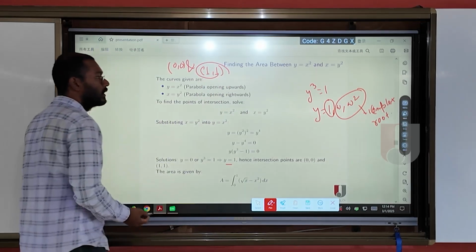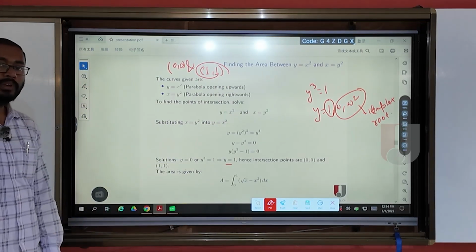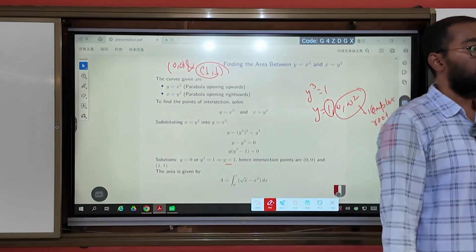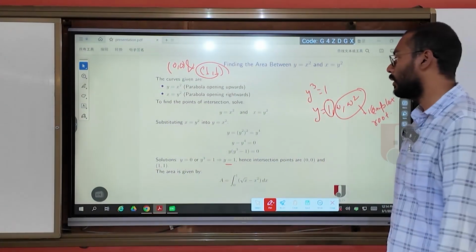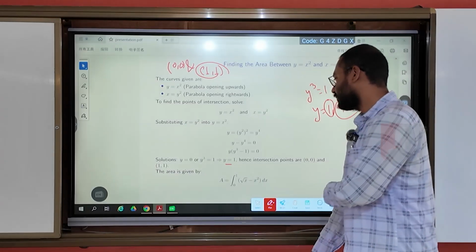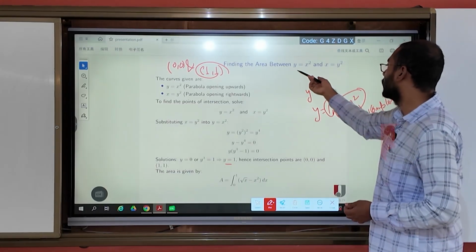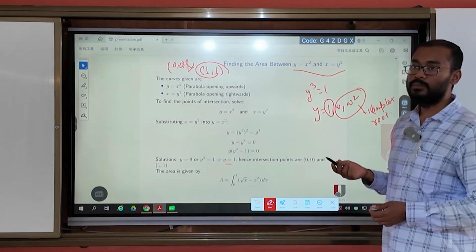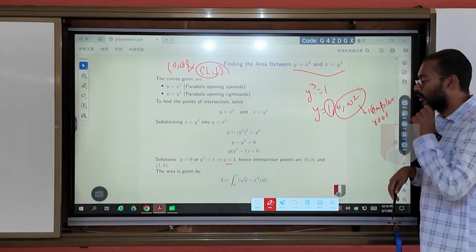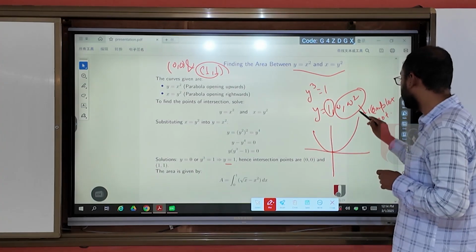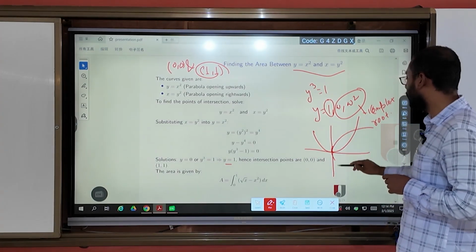From the graph also you can see the intersection points. Also manually we can calculate where these two curves meet. The values were 0, 0 and 1, 1. Now we have to find out what is the area inside the two curves. Now you can see which curve is the upper portion and which curve is the lower portion. From the graph you can see this is one curve and this is another curve.